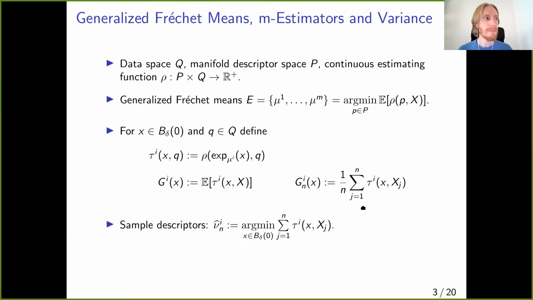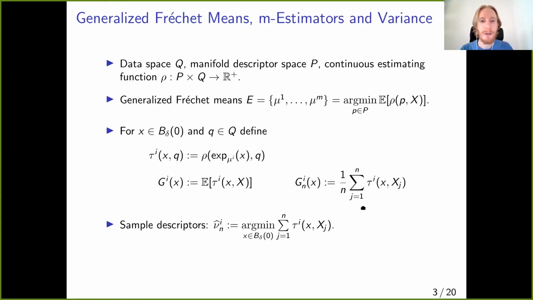Okay. And now let's look at the generalization of this concept, and this is the concept of M estimators. So here we look at the data space Q, say a manifold data space Q, a manifold descriptor space P, and a continuous estimating function rho, which maps a pair of descriptor and data to a non-negative real number.